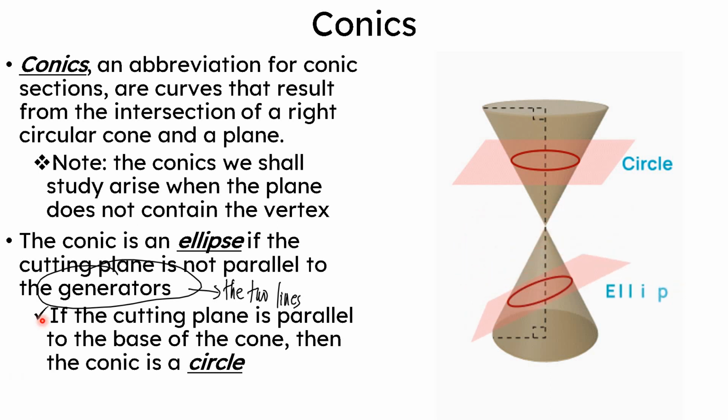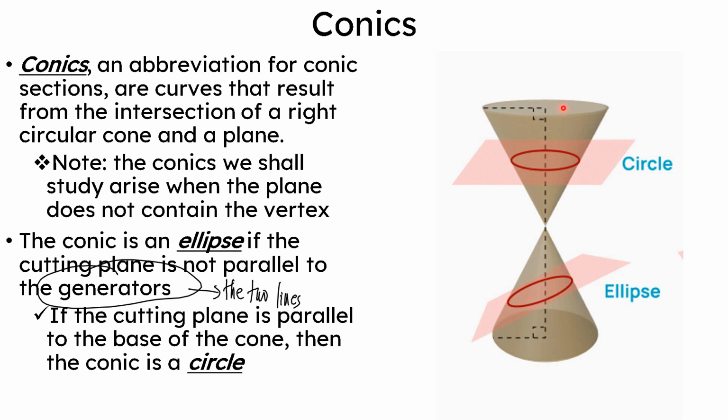Okay? So, ito yung dalawang line yun. Once the cutting plane is not parallel to this line or to that line, then the conic created is an ellipse. The conic section or the conic is the curved ellipse.